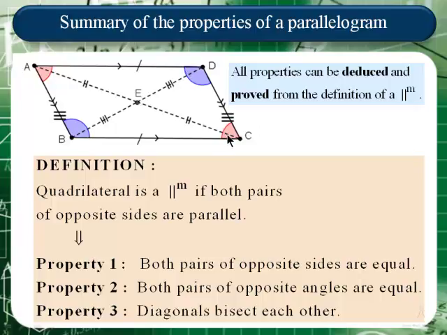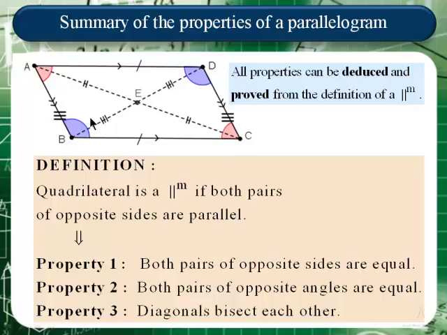AC. Another property which is really obvious is that if you draw the diagonal BD, then triangle BAD will be congruent to triangle DCB.